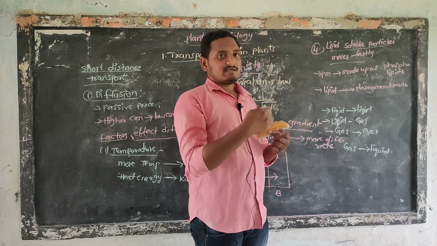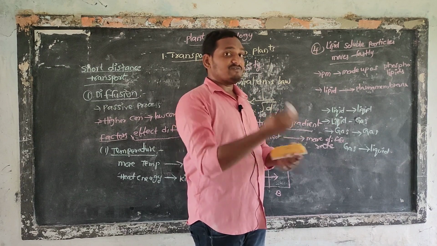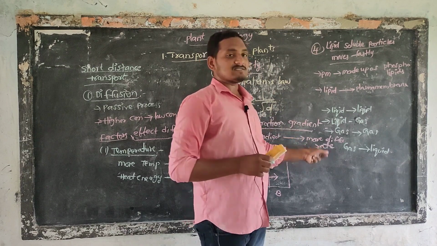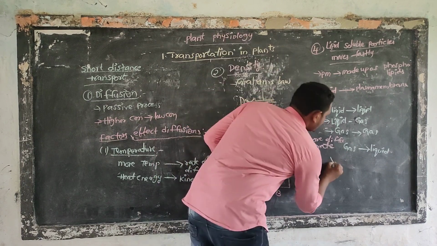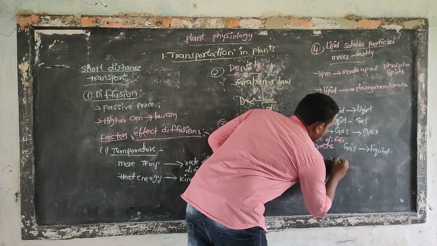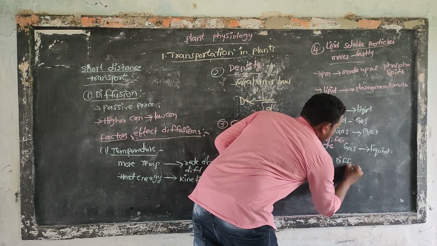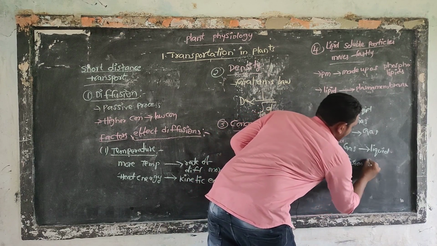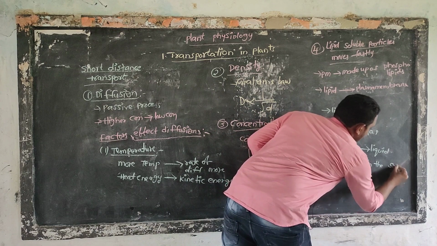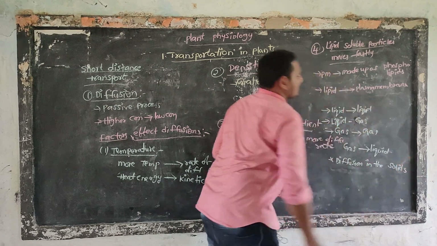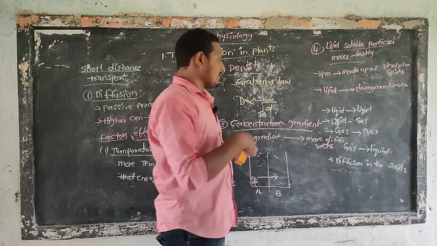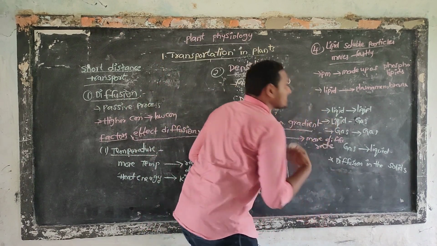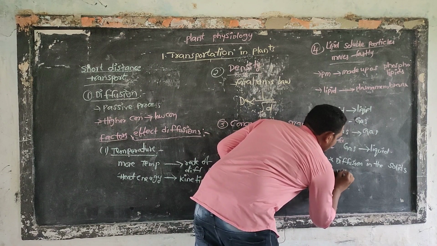Diffusion of solids means they can move easily, but diffusion in the solid does not take place, because the solid is a dense medium. Diffusion in the solids takes some time, so it is very less.